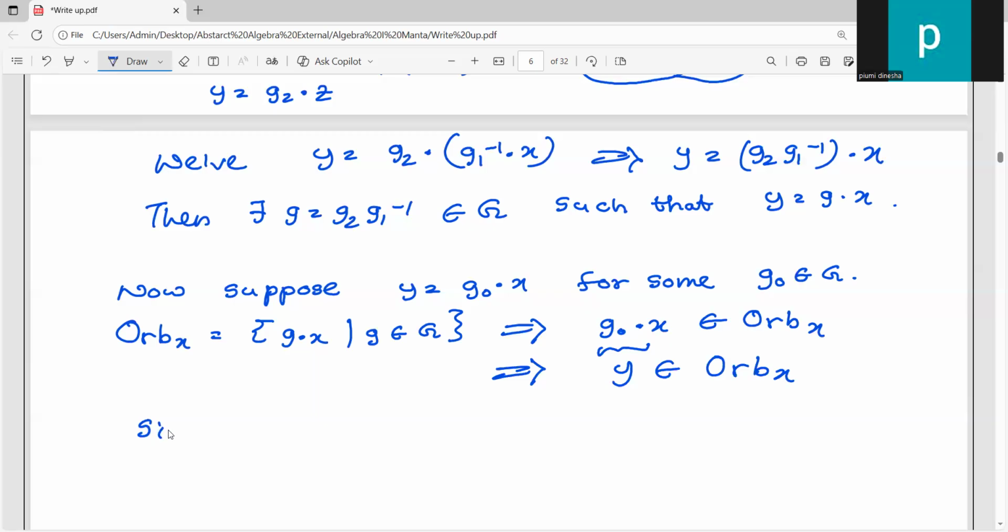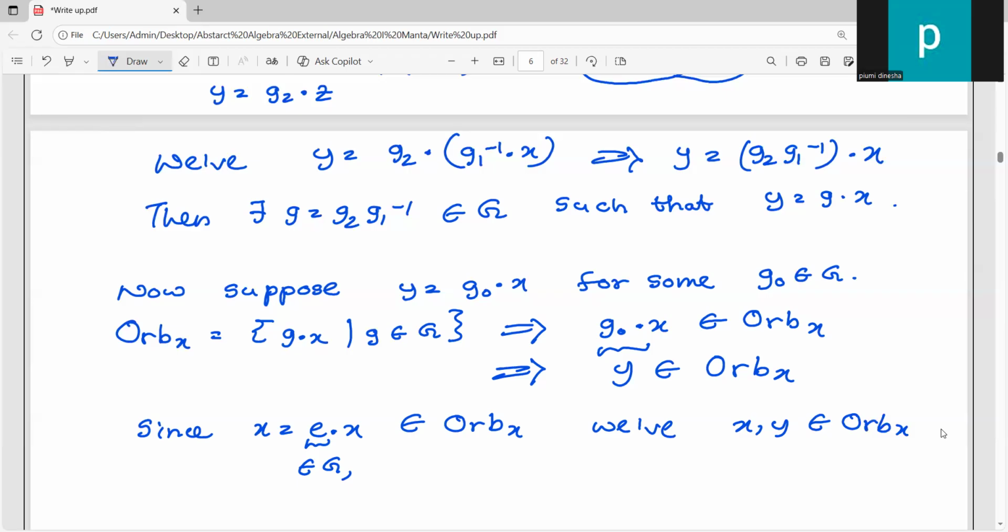Why do we have that? Since X can be written as E dot X and the identity is also an element in the group, this belongs in the orbit of X as well, right? This is the identity, an element in G, right? So we have X and Y both to be elements in the orbit of X.